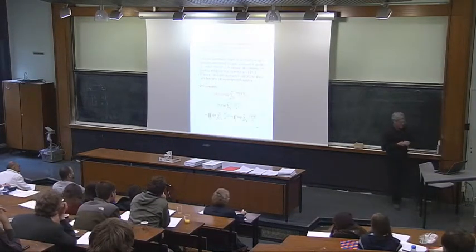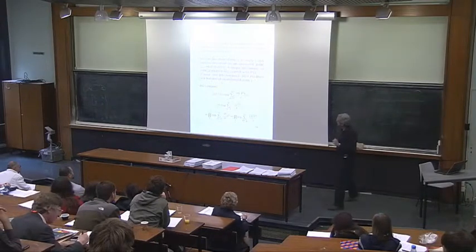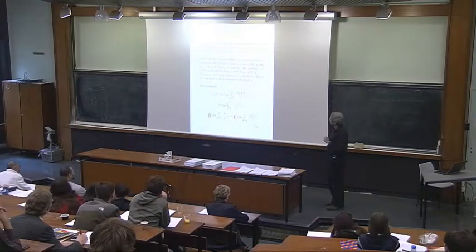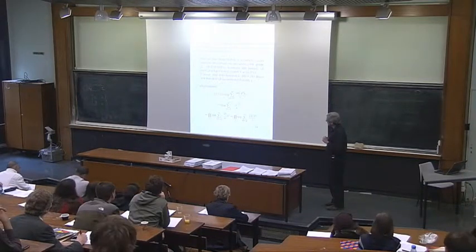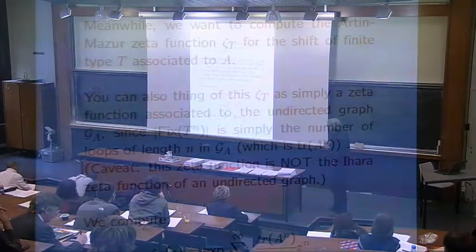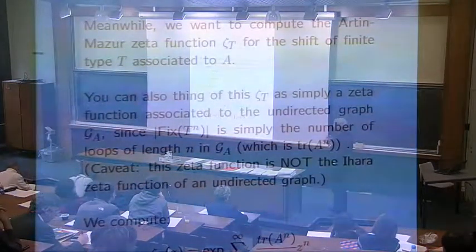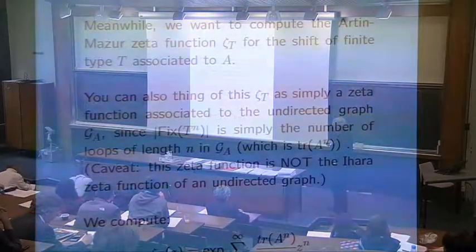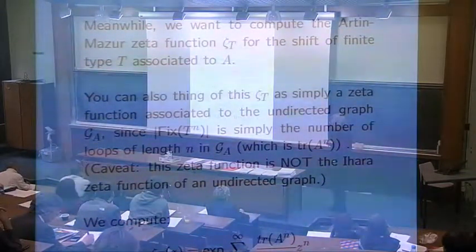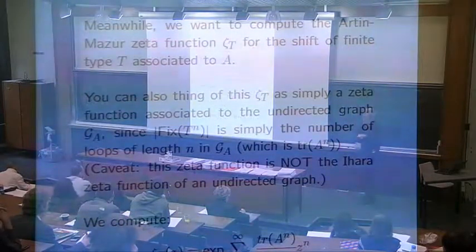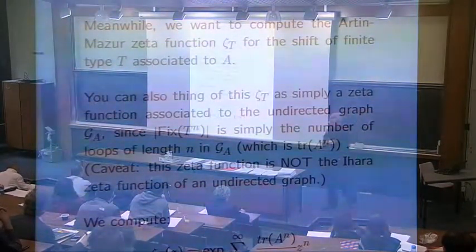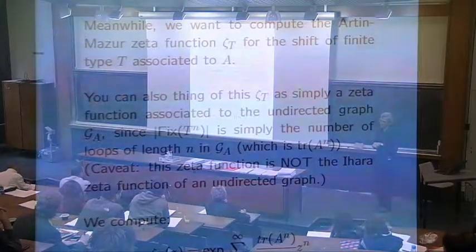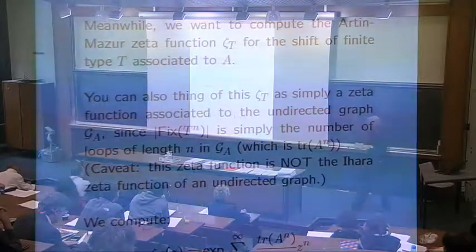All right. So let's go ahead and compute the zeta function for this shift of finite type associated to the matrix A. You can also just think of this zeta function, if you like, as something that's just associated to the graph with adjacency matrix A, since it's just defined in terms of the number of loops of length n in the graph for all n.